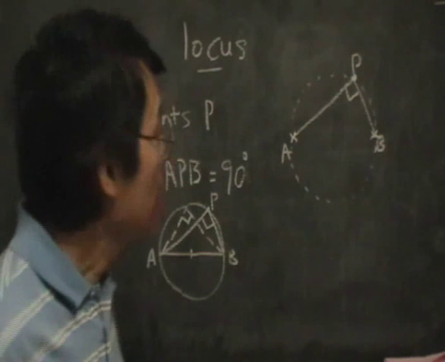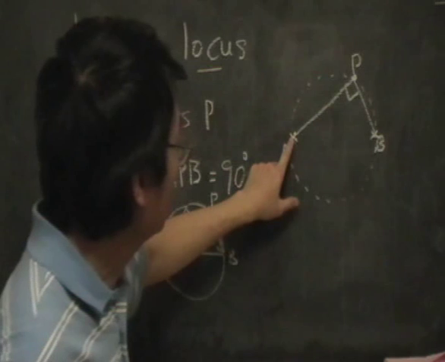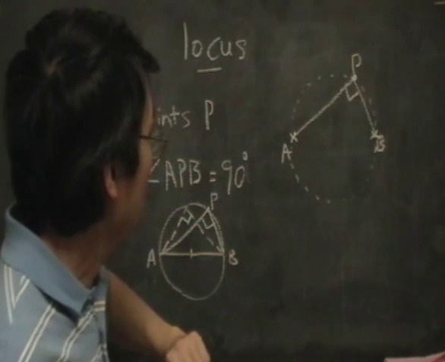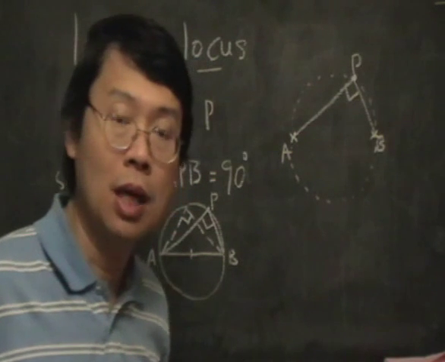It's simply the circle that goes through A and B and has AB equal to its diameter.